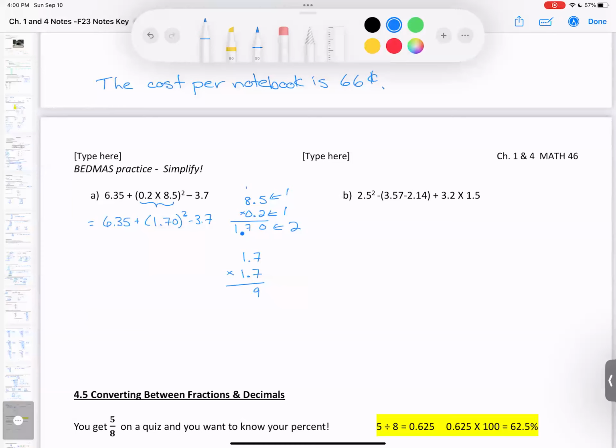So let's do the math on that one, and we get 289. We have to think about decimal places though. I've got to add 2 decimal places there. So I get 2 and 89 hundredths once I've dealt with that decimal.